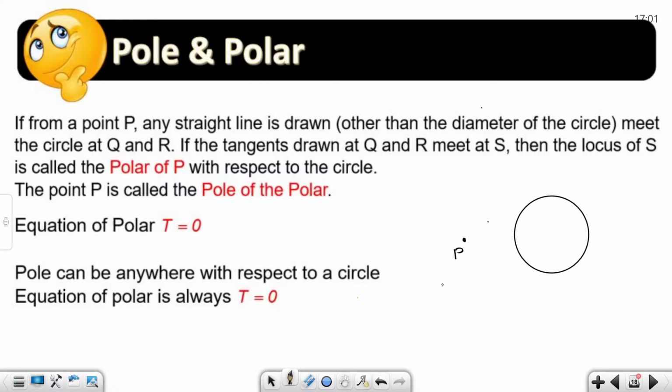From point P, let me draw a straight line which intersects the circle at 2 points, say Q and R. Now at Q and R, if we draw tangents, they are going to meet at a point, let us say S.